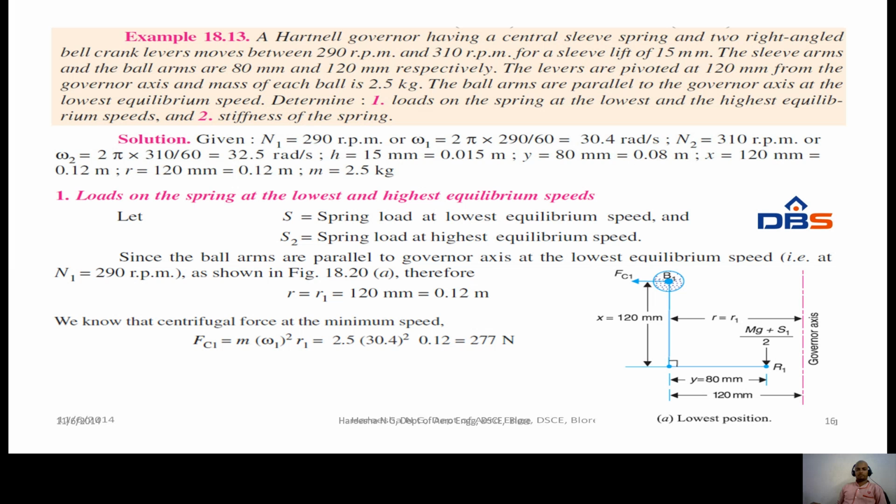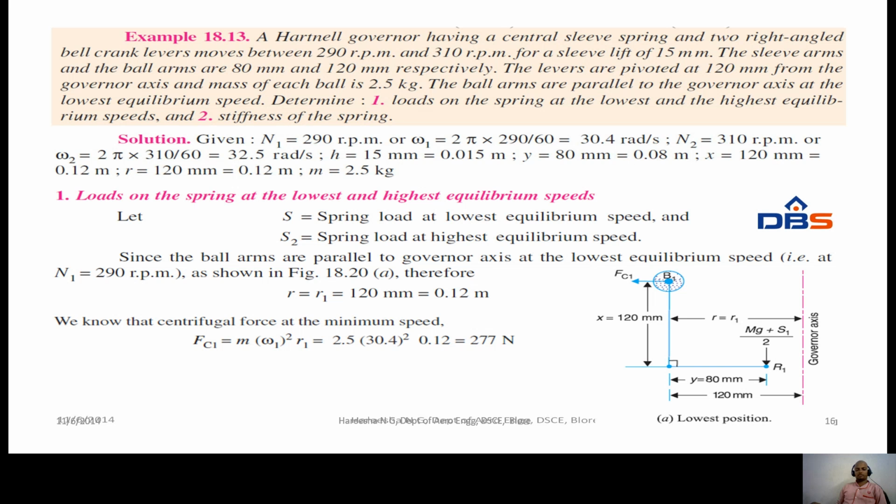The centrifugal force for minimum speed, Fc1, is equal to m omega 1 square r1, that is 2.5 kg into 30.4 whole square into 0.12, so finally Fc1 is 277 newton.